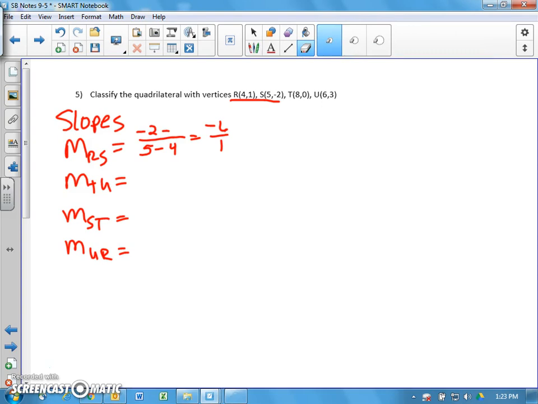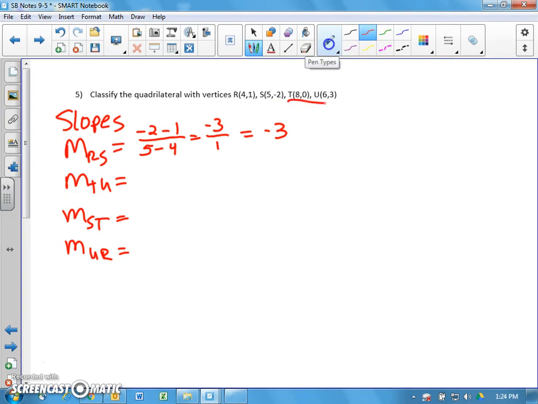That's not a 4, that should be a 1, y minus y, which is of course going to change this. That's going to give me a negative 3 on top over 1, which is the slope of negative 3. So let's look at TU. That's going to be these 2 points. We're going to again do y minus y over x minus x. That's an 8.